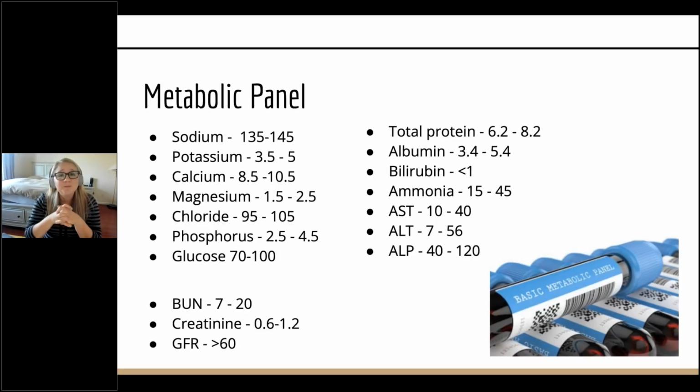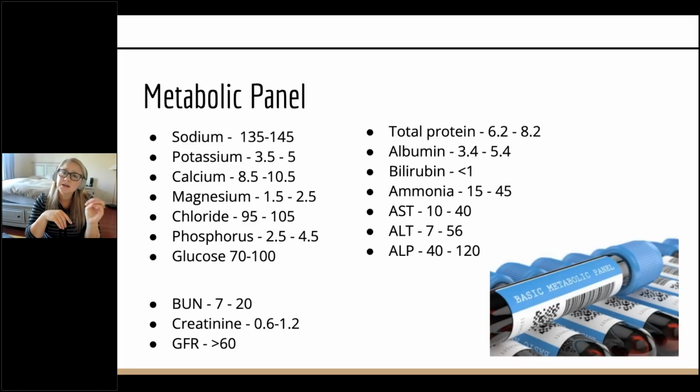The more that builds up becomes toxic to the body, and we know that the kidneys aren't working because they're not clearing that waste product out of our body. We want that creatinine value to be about 0.6 to 1.2. As it gets higher and higher, again, we worry about kidney damage.